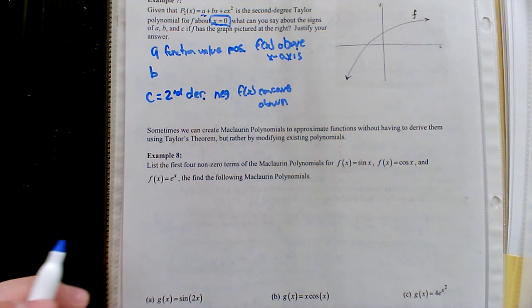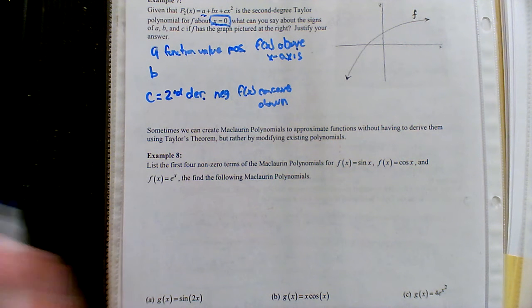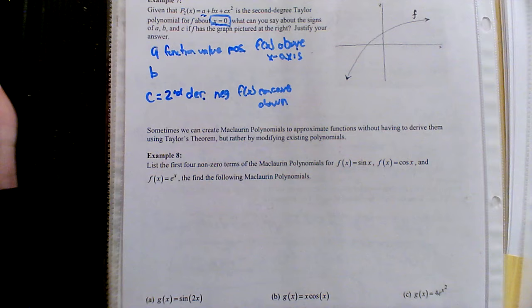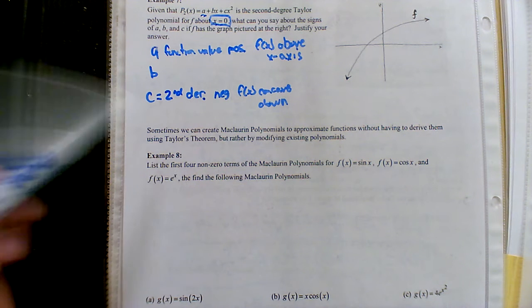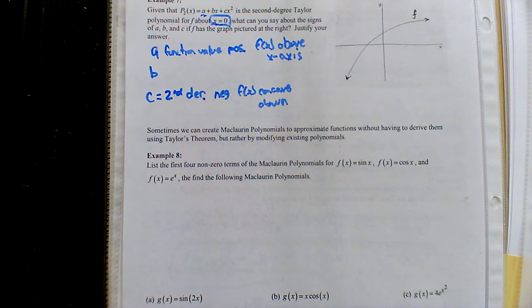What about B? How can we determine if B is positive or negative? Maybe try to think along the same lines that Eric thought about for C. If C is the second derivative, what would B be?